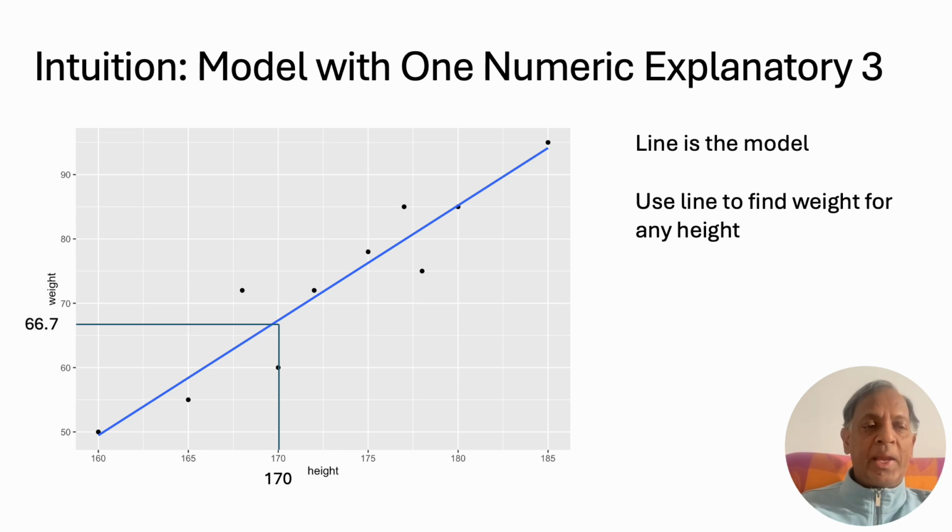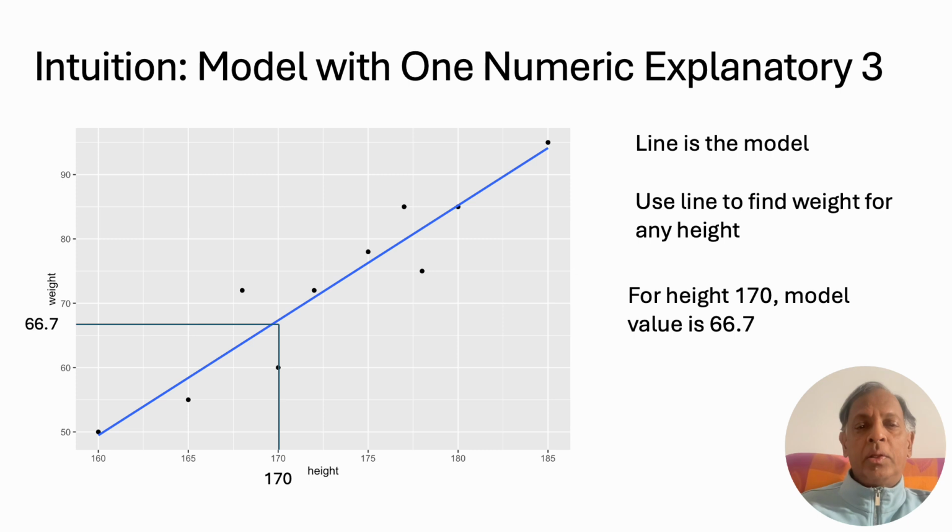It intersects the y-axis at 66.7. And I say, well, for a height of 170, my model is predicting a weight of 66.7. That is because this is the line that best fits all of the points. So that's what our model prediction is.